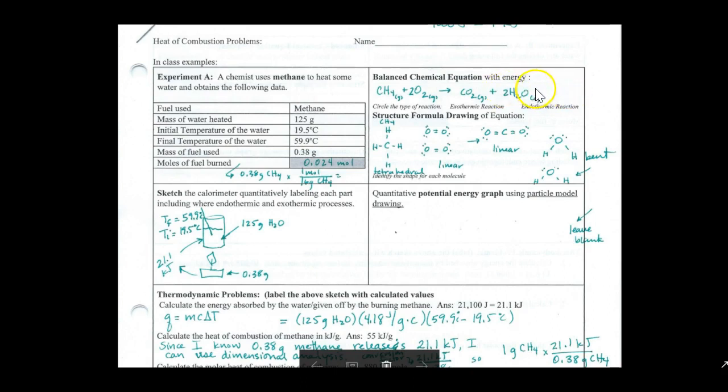Okay, so this should say now plus 880 kilojoules. In the past, we've always said just write the word energy, but we now know that 1 mole releases 880 kilojoules. If I had a 2 in front of here, I needed to take that 2 and multiply it by my molar heat of combustion to put that in the equation.